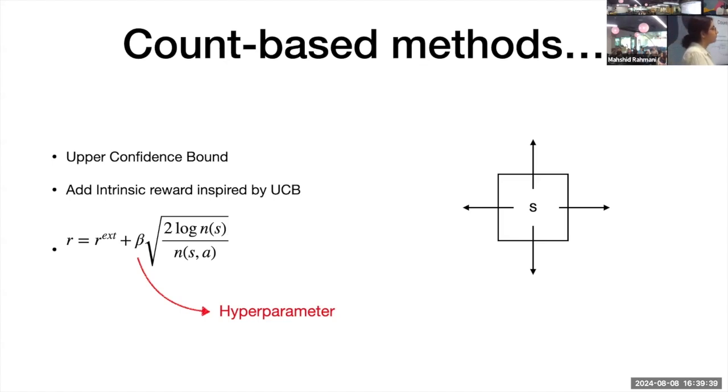But that will happen at a particular value of n, and different environments might need different amounts of exploration, multiple explorations of the same state. I don't know at which point.